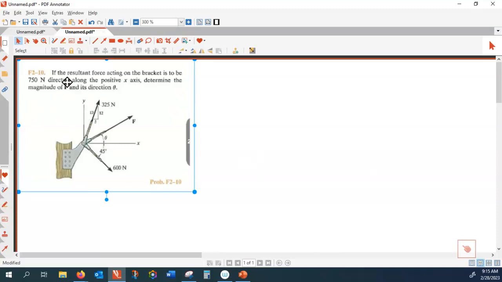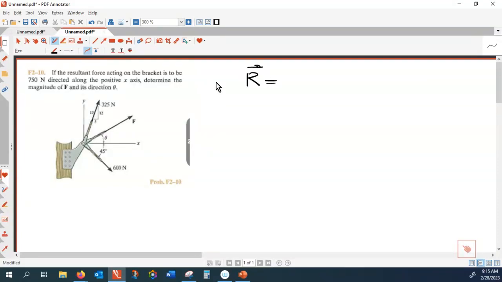And here, okay, we have been told about the resultant. We've been told that the resultant, I call this R, is horizontal. It doesn't have any vertical component, all right? It means that it is only an i component plus 0 j component.